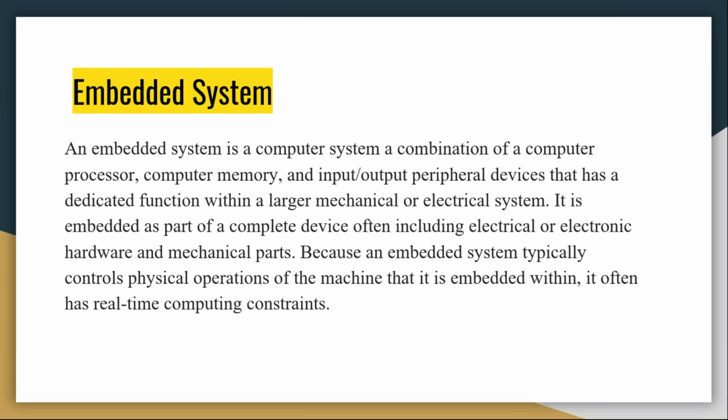The term real-time computing constraint means that they are performing the task in a real-time system. For example, we use embedded devices in a missile system, where we want high accuracy, so that even a nanosecond has a major effect on the missile.